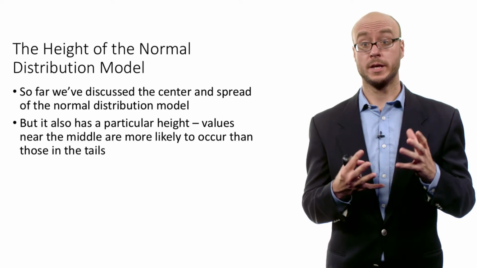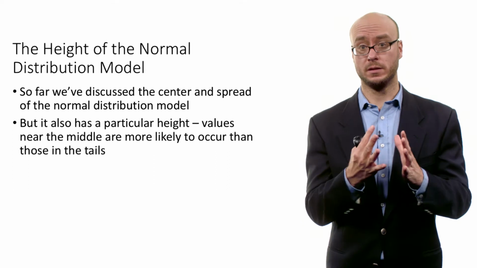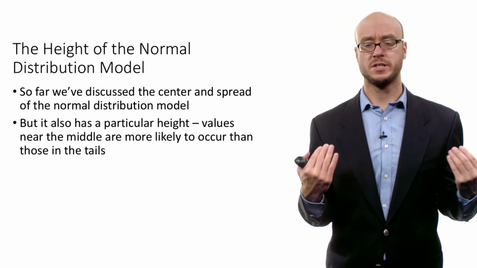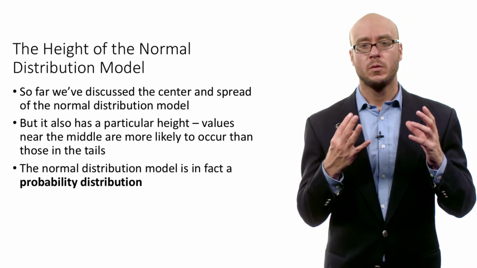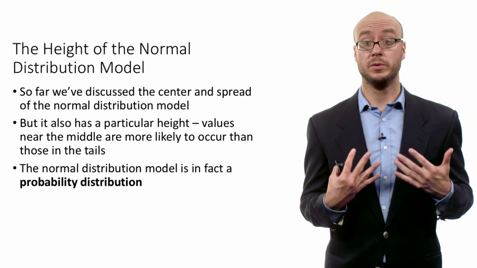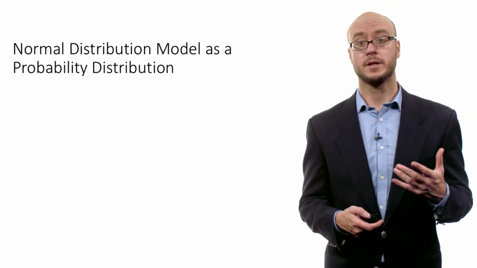So far, we've discussed the center and spread of the normal distribution model, but it also has a height, okay? So values near the middle, near the center, near the mean, are more likely to occur than those in the tails. Keep in mind that the normal distribution model is in fact a probability distribution, okay?